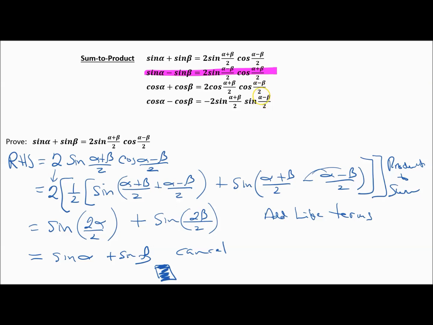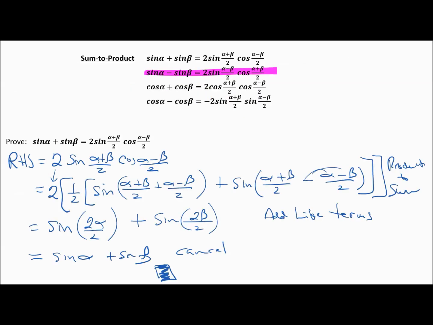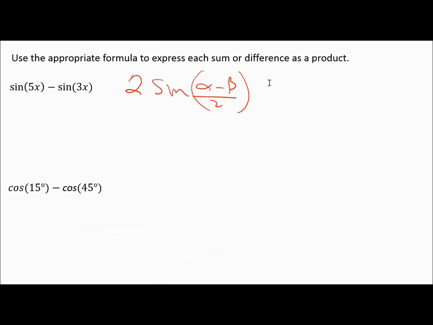So 2 sine of alpha minus beta over 2 times cosine of alpha plus beta over 2. This would be a lot easier if I had a formula sheet in front of me. There we go. Alright, so let's plug in.